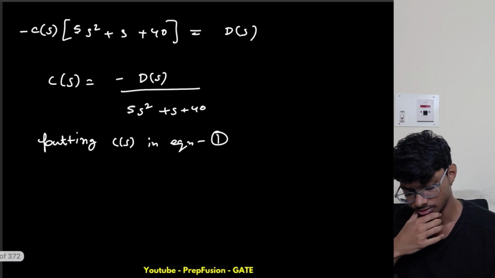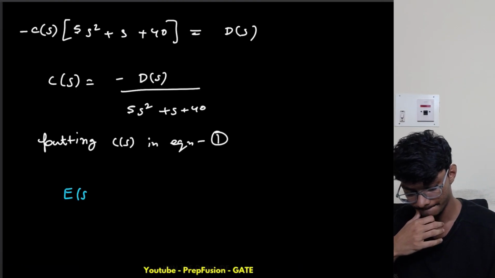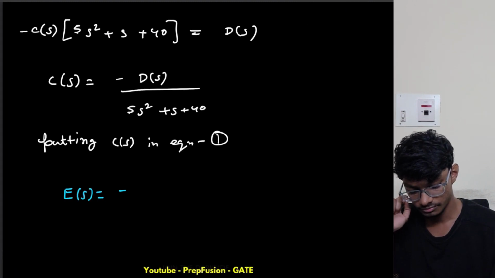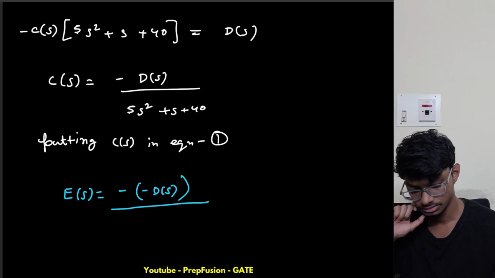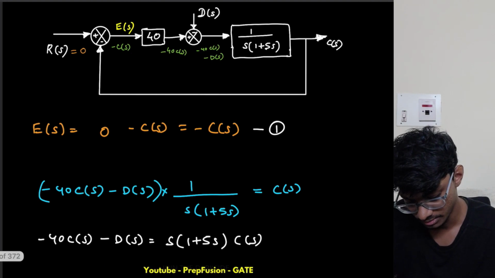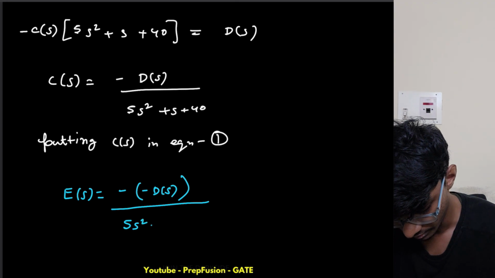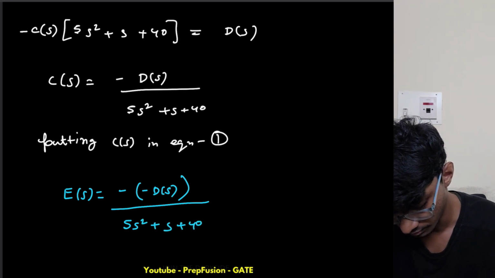I get E(s) equals minus D(s) divided by 5s square plus s plus 40. Now I have to find the steady state error also.